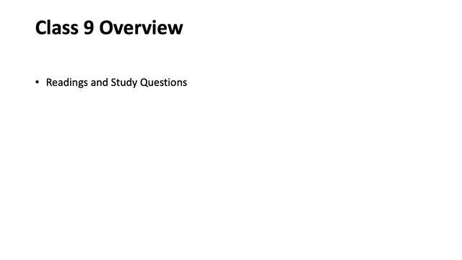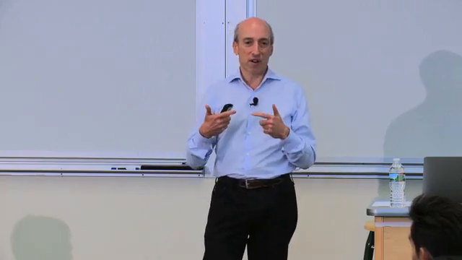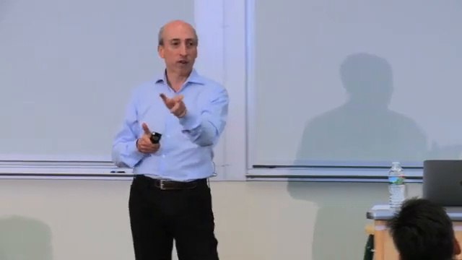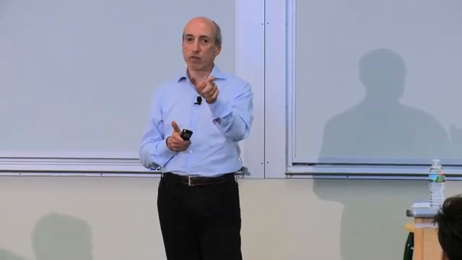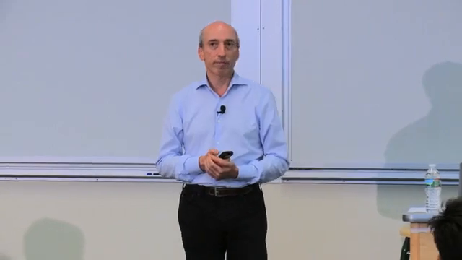Today we're going to chat a little bit about the reading and study questions, and go back again to what the technical and commercial challenges are. This is relevant for all of our lectures, but particularly today because we're going to be talking about two different database structures. One is the permissionless blockchain of Bitcoin, but today we're going to introduce and go deeper into the permissioned or private set of blockchains like IBM Hyperledger and Corda.